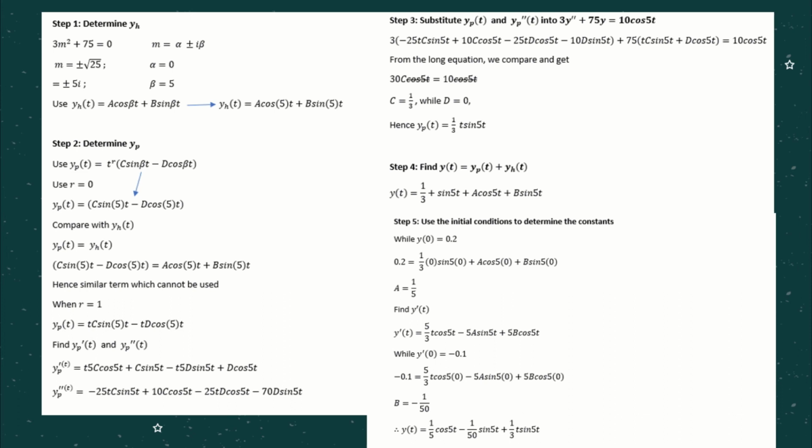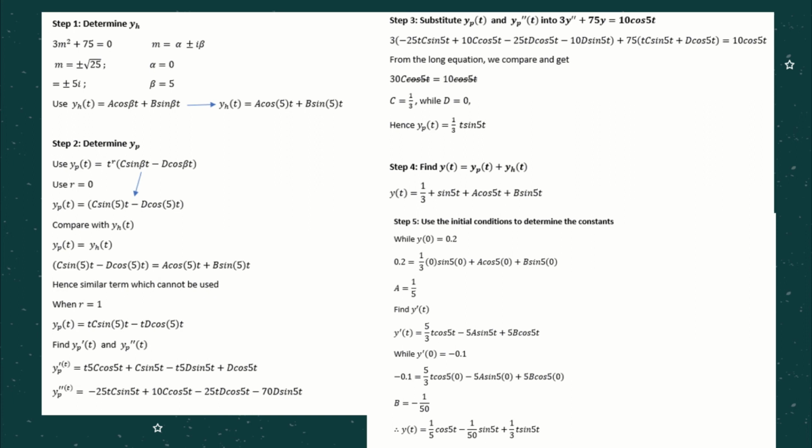Then we differentiate yp to get yp prime and differentiate again to get yp double prime. After we get yp prime and yp double prime, in step 3 we substitute yp prime and yp double prime into the first equation. From the long equation, we compare and get c equal to 1 over 3 while d is equal to 0.